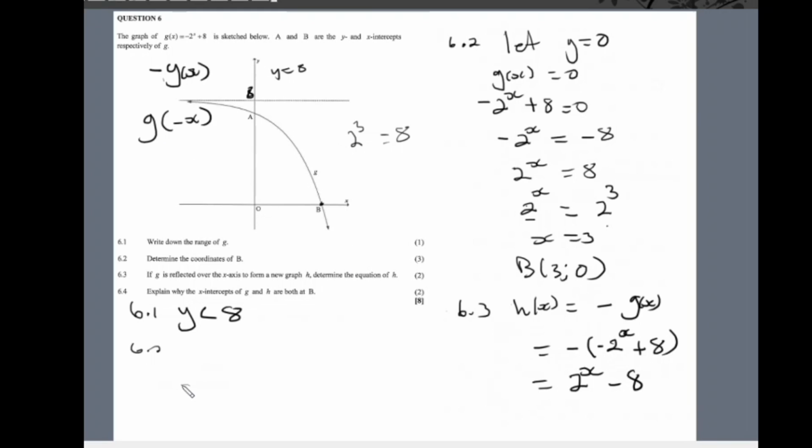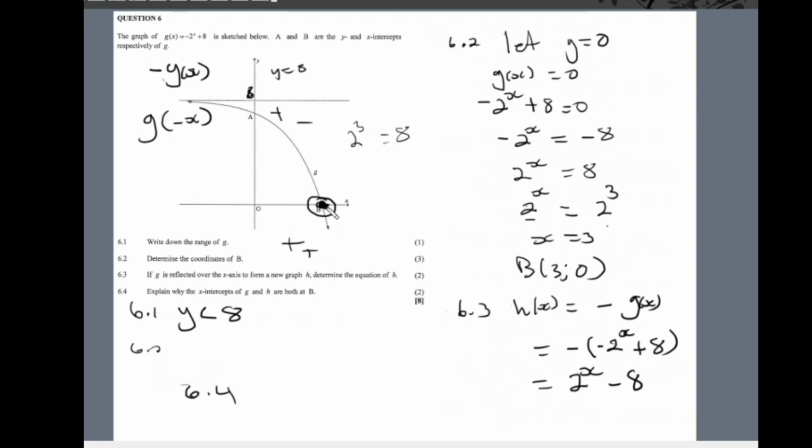Okay, and then 6.4, explain why the x-intercepts of G and H are both at B. So the x-intercepts will be at B because when you are reflecting a graph about the x-axis, the values that are above the x-axis will go below, and the values that are below will go above.